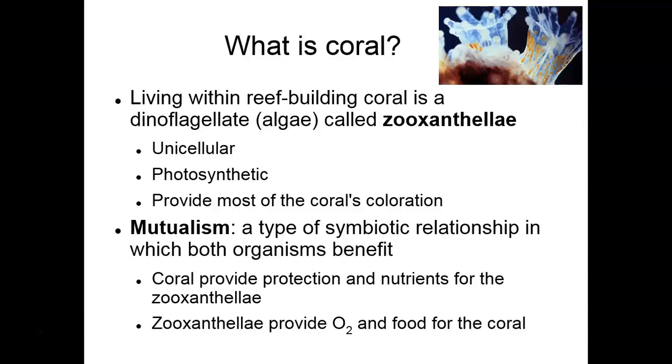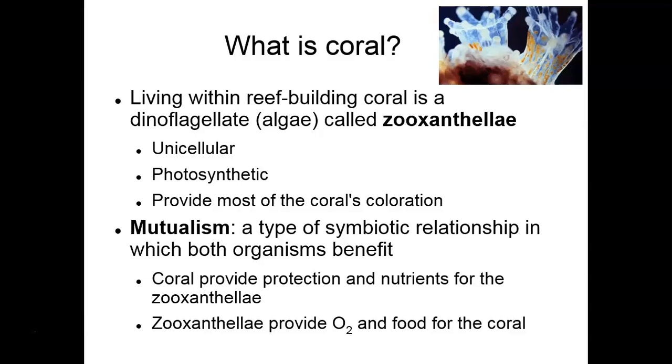So both the coral and the zooxanthellae are benefiting from this relationship of the zooxanthellae living in the tissue of the coral. And so what the coral provides is protection for the zooxanthellae. It's also providing nutrients for the zooxanthellae to photosynthesize and be healthy. The zooxanthellae in return are providing oxygen for the coral because it is an animal, it does respire, and it's also providing food for the coral.